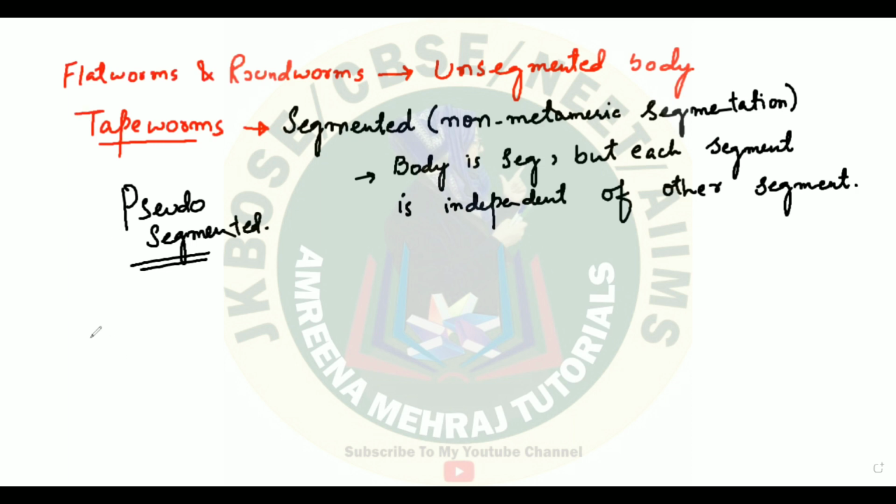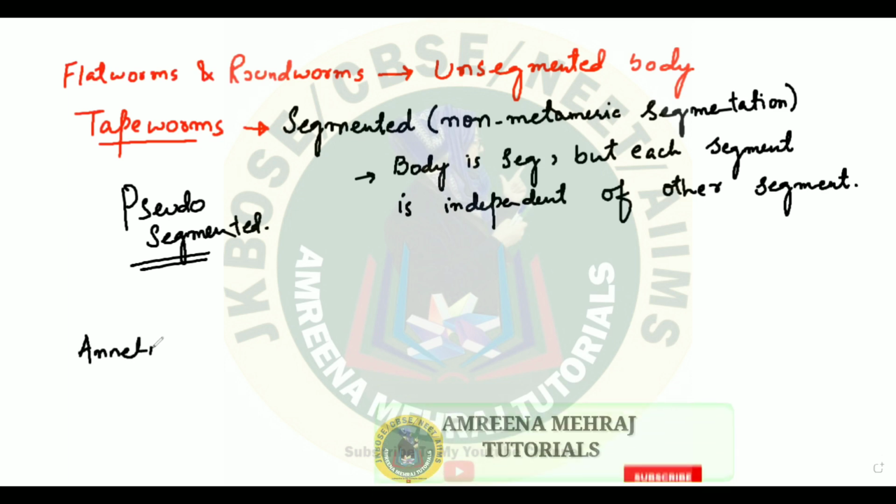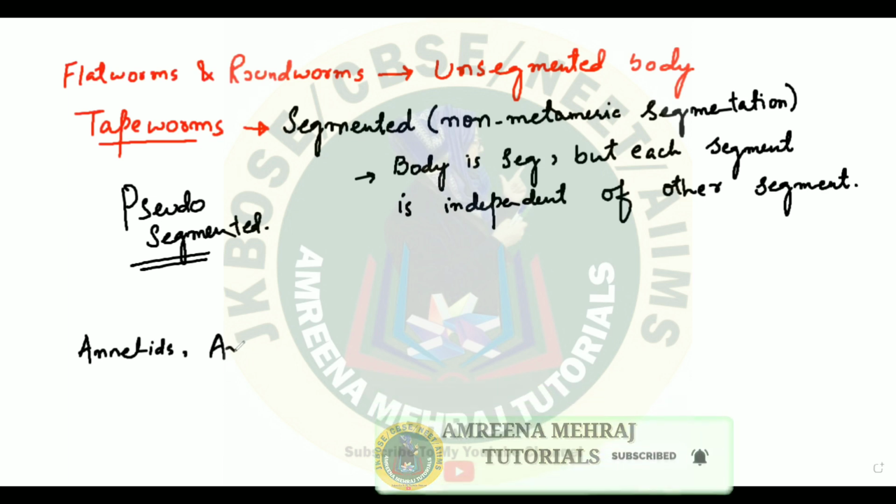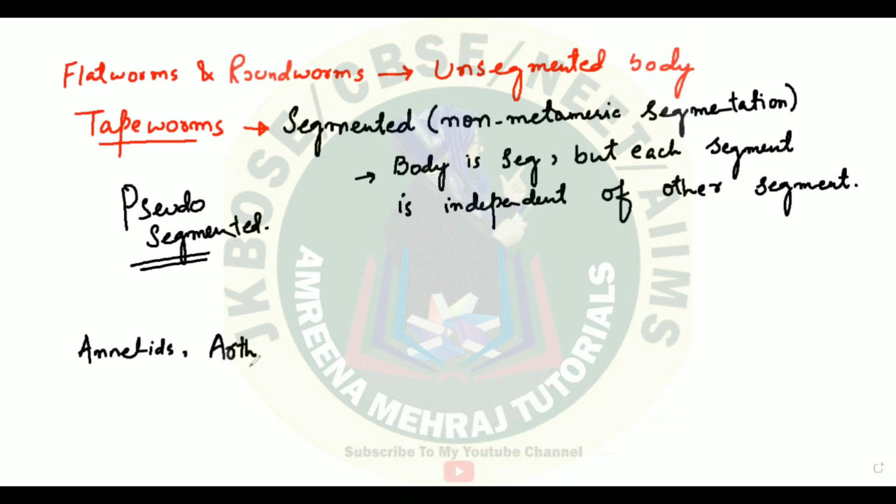But on the other hand, if you look at annelids, if you look at arthropods, the insects, to be simple over here, if you look at all higher animals other than arthropods, we'll simply write down higher animals, what have we seen here?